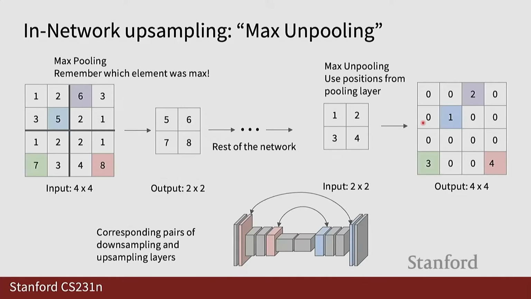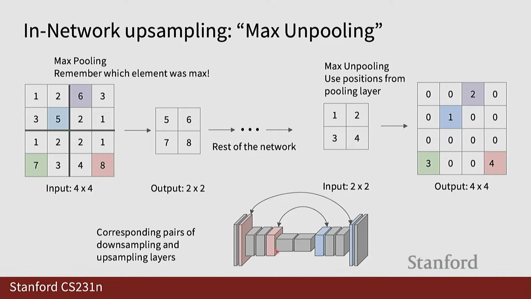If we used max pooling in our network, on the encoding side, what we can do is save the locations of the max, the ones that were selected, and then copy the data in the max unpooling stage right where the max was defined.